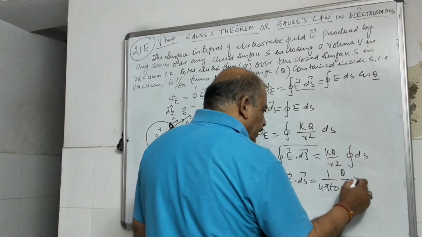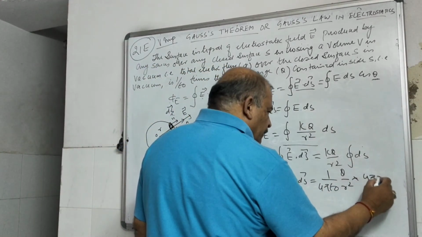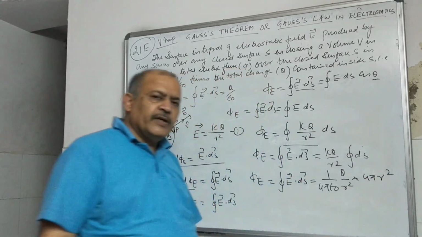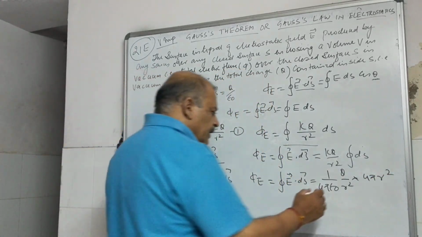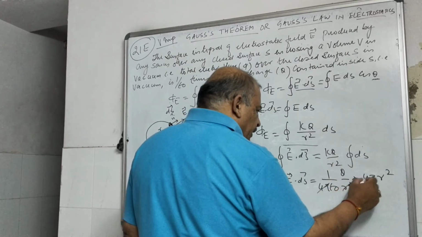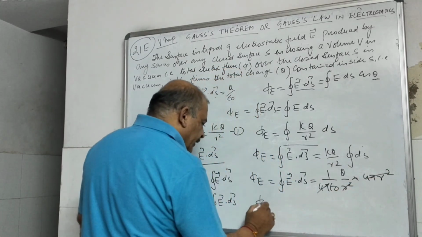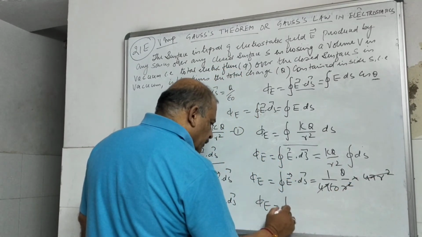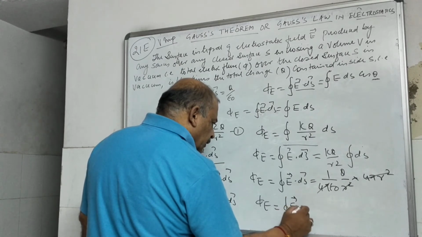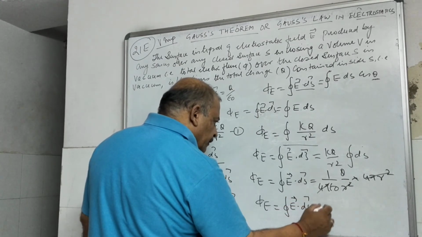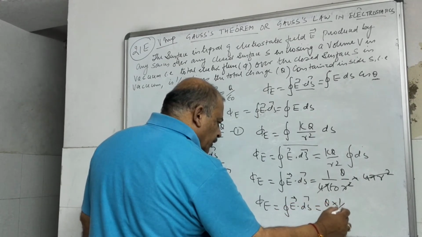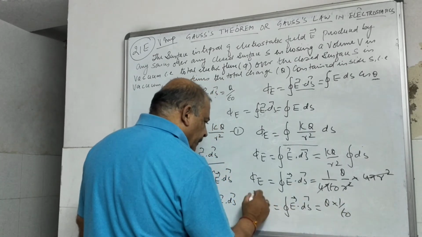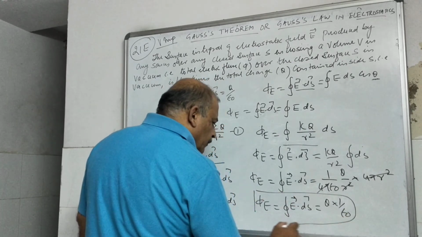Then r square, and in place of this we can write 4 pi r square. The terms which are cancelled, you can cancel them. So what final relation did we get? E dot ds equals q into 1 upon epsilon naught.